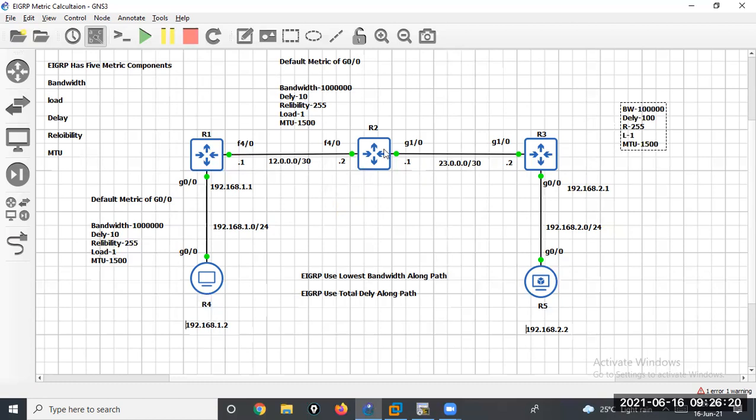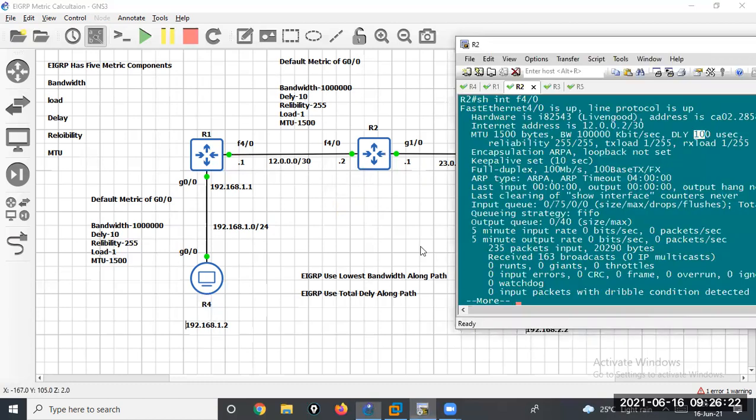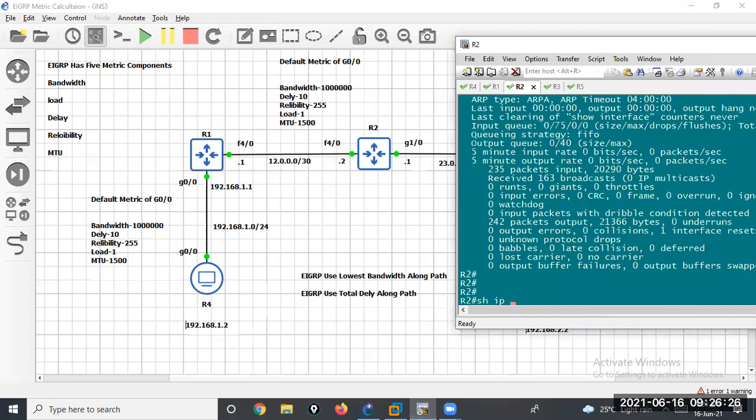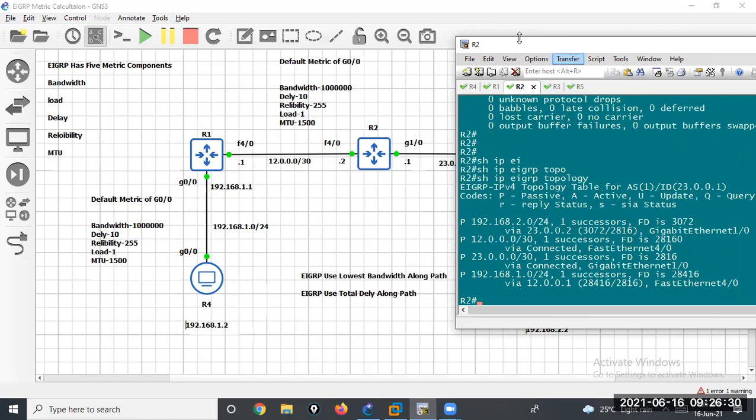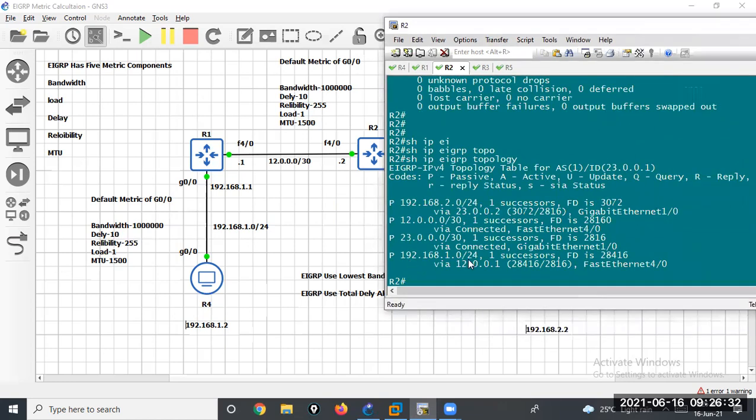Okay, right? Now if we see the R2 topology table, show IP EIGRP topology. In the topology, 192.168.1.0 network is there. Now see the metrics.